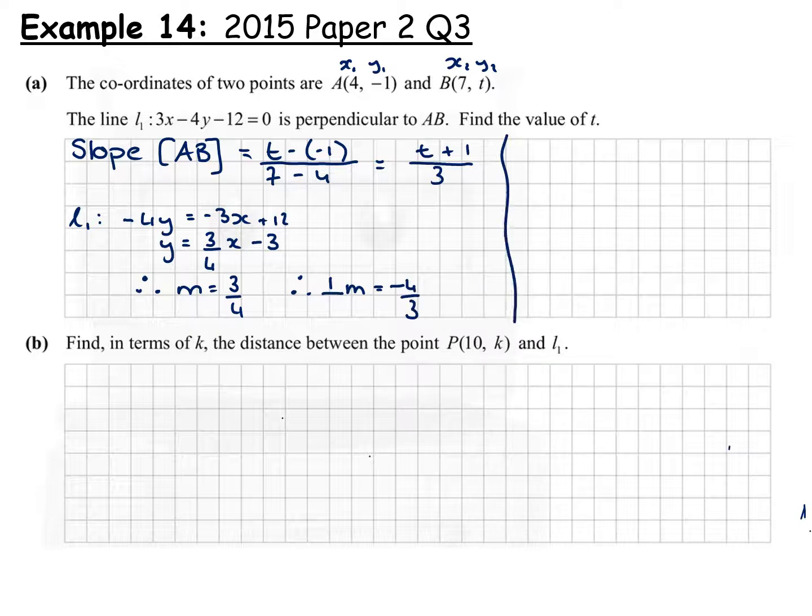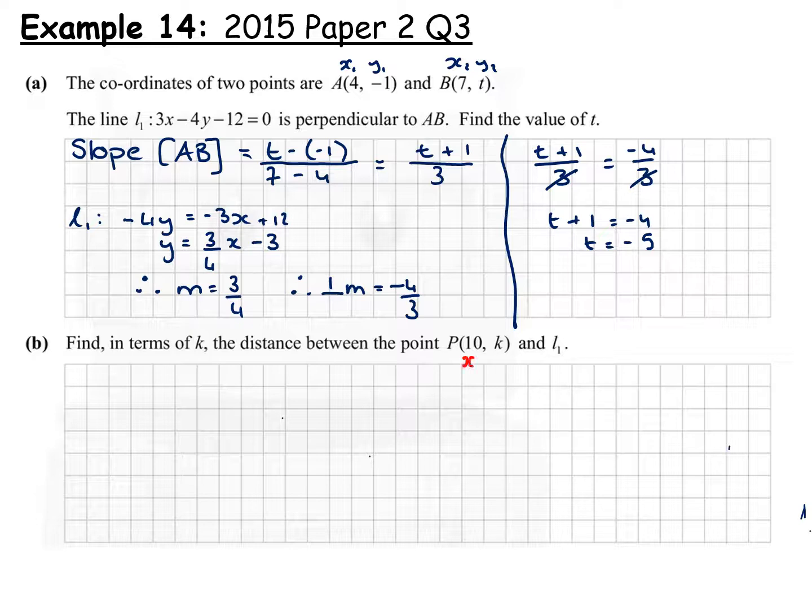So what I know now is t plus 1 over 3 is going to equal minus 4 over 3. I can ignore the denominators because they're the same, and I get t plus 1 equals minus 4, so t equals minus 5.